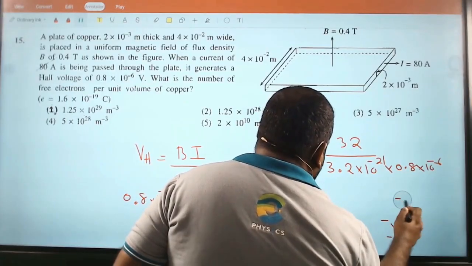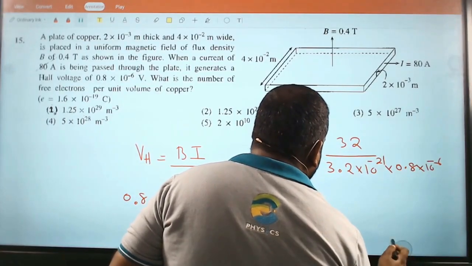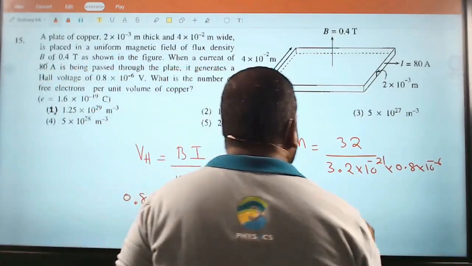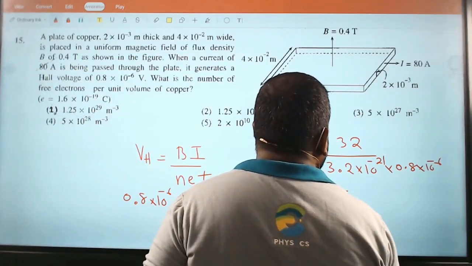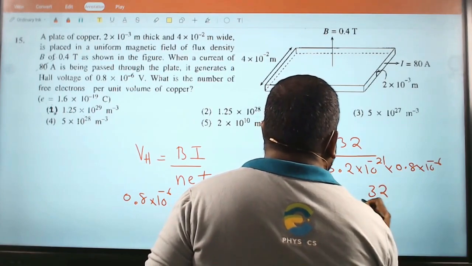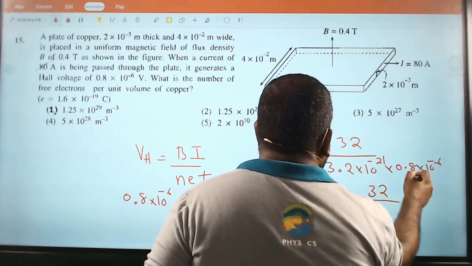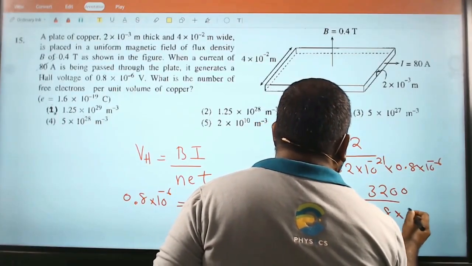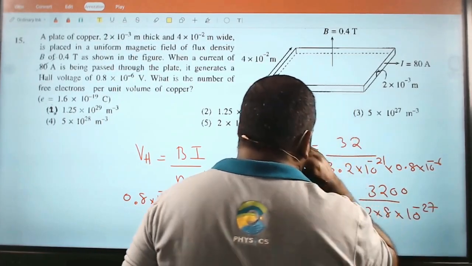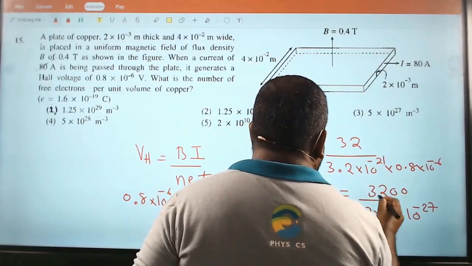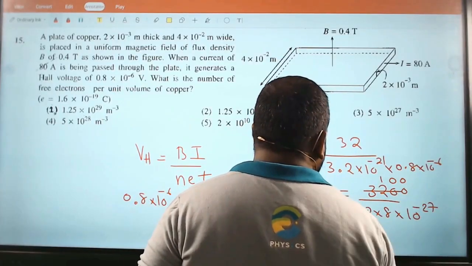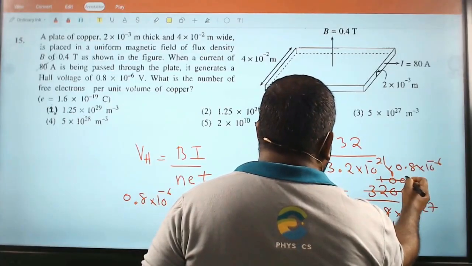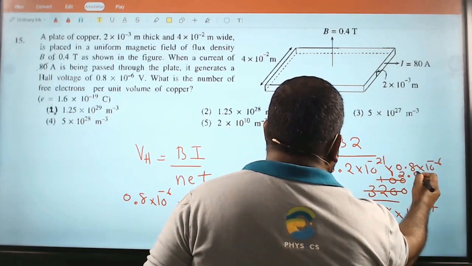So here if you calculate it, n is 32, jump a decimal two places, 32 times 8 10 to the power minus 27, 100 by 8, 12.5.